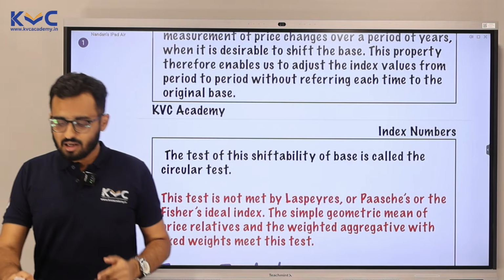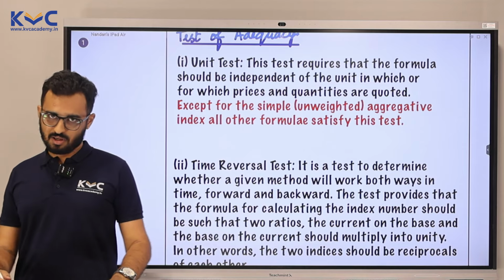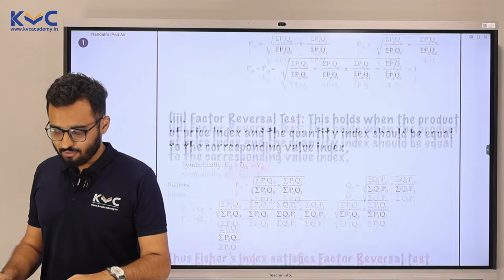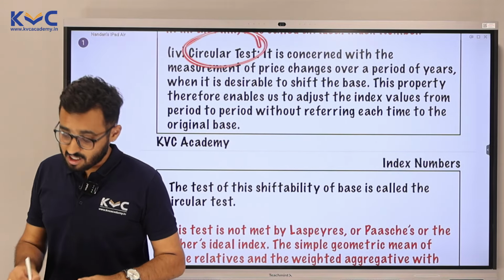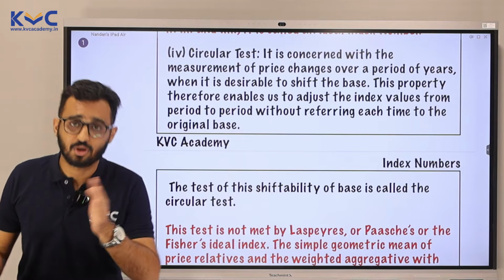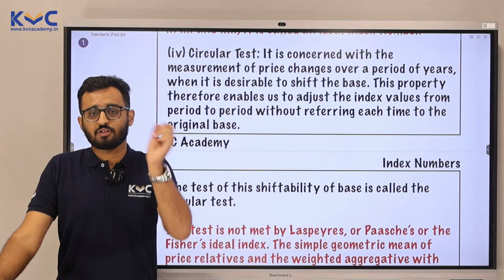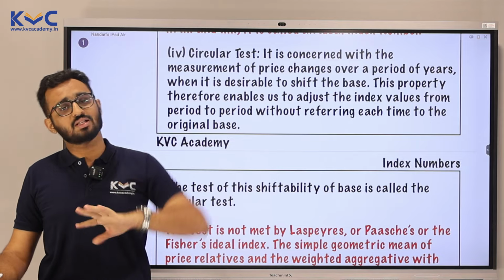So there is unit test which every formula fulfills except simple aggregative index. We have time reversal where Fisher's fulfills that. We have factor reversal where Fisher fulfills that. When it comes to circular, Fisher does not fulfill that, but there are 2 other formulas. Now from the exam point of view, what questions can come is, they will give you a question, which of the following does not fulfill this test or which of the following fulfills this test.